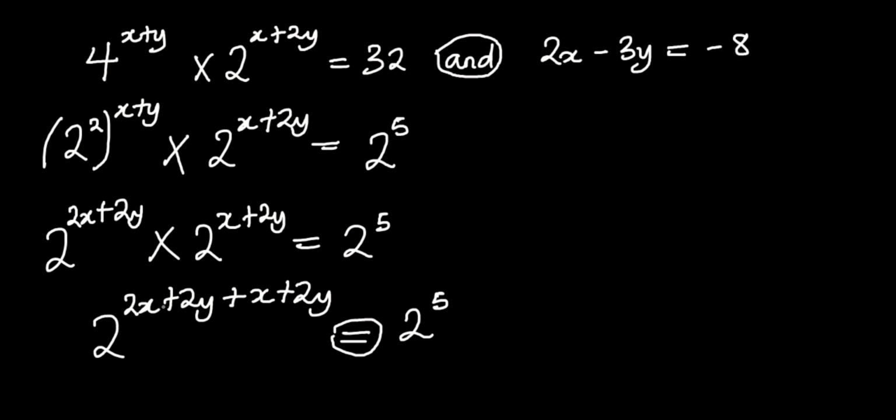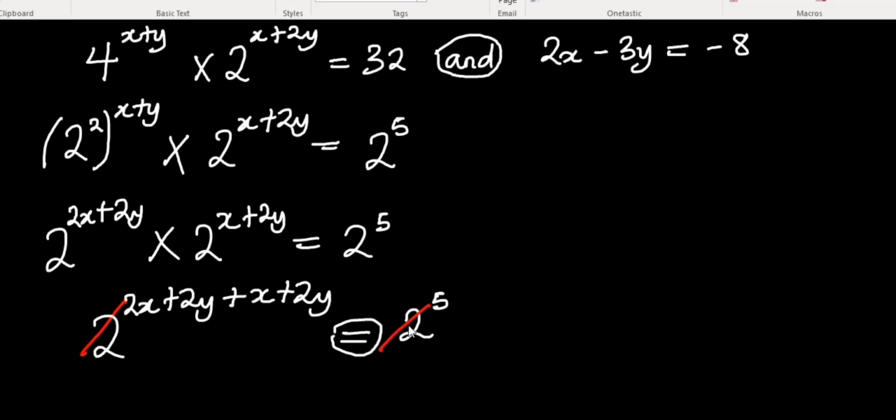So 2x plus 2y plus x plus 2y is definitely going to give us this index there, which is 5. So we're going to cancel out the 2 and then work with the index, because that's the one with the unknown variable. The known values we're going to cancel. So we're just going to do away with the 2 there, and we're going to work with the powers.